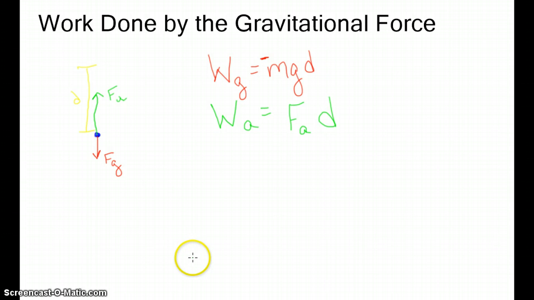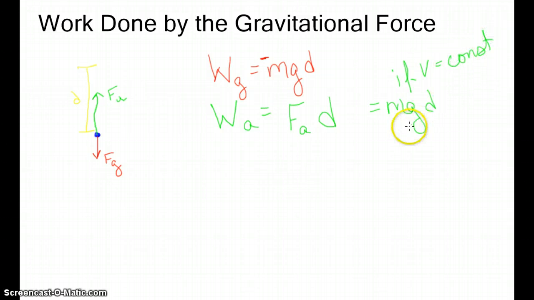Now, if we know that we are moving with a constant velocity, then we know that the force that we apply is equal to the force due to gravity, in which case that would be mgd. So that's if the velocity is constant. In that case, the net work, the total sum of all of the work, is going to be 0.